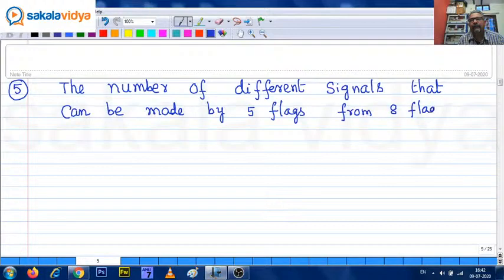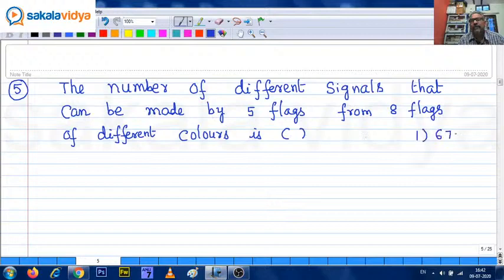Total there are 8 flags of different colors, not the same color. First option 6720, second option 8C5, third option 8 to the power of 5, fourth option 5 to the power of 8.